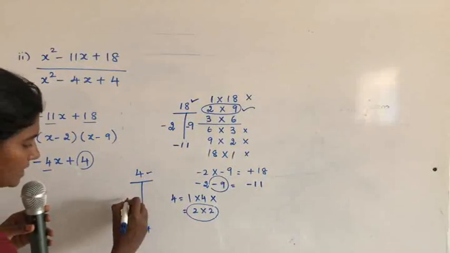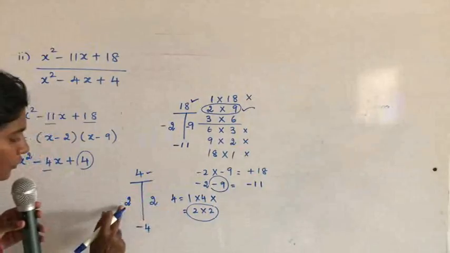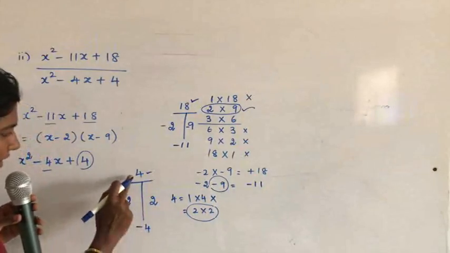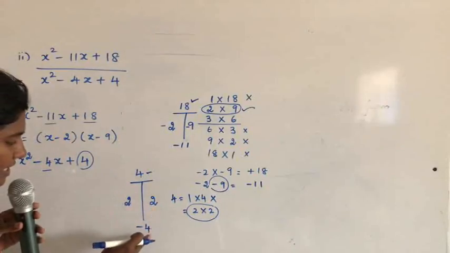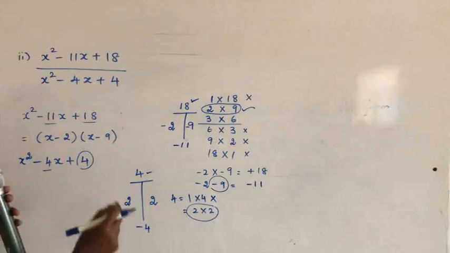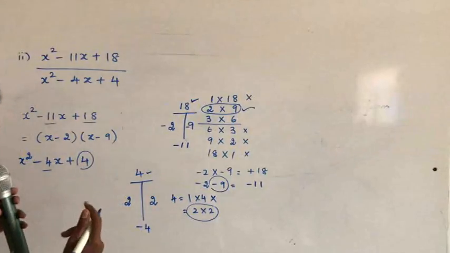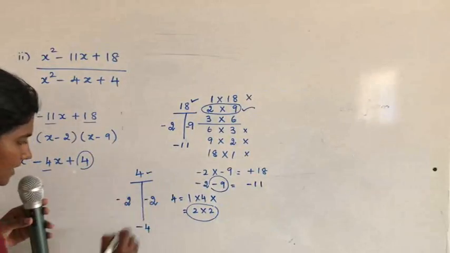Let's see how to write it. First I'll write here 2 and 2. When you multiply 2 and 2, you get the answer 4. Similarly, when you add 2 and 2, you get the answer 4. But now here the sign is minus. So we have to make a small change. Let's see what the change is. We are going to put here minus, minus.